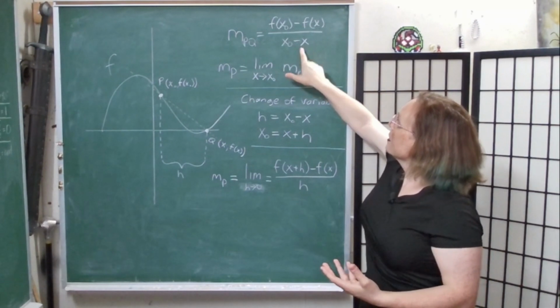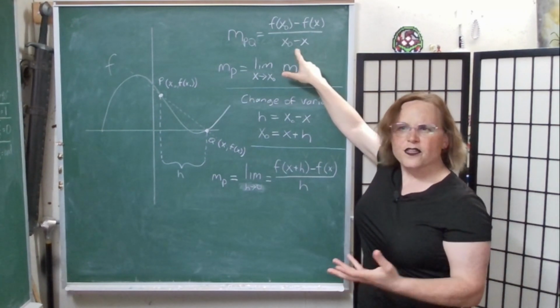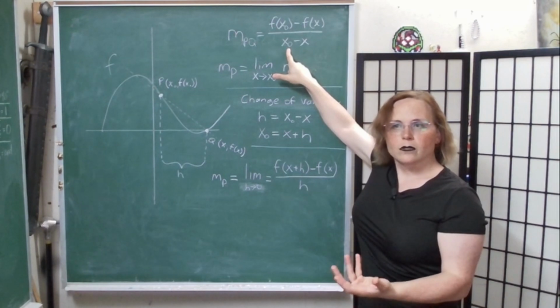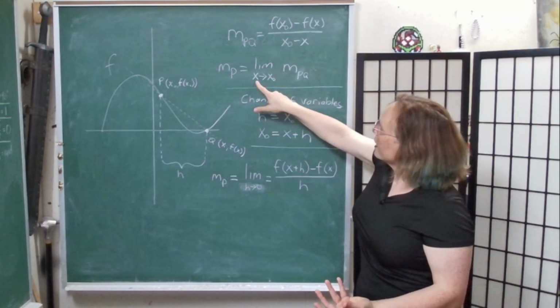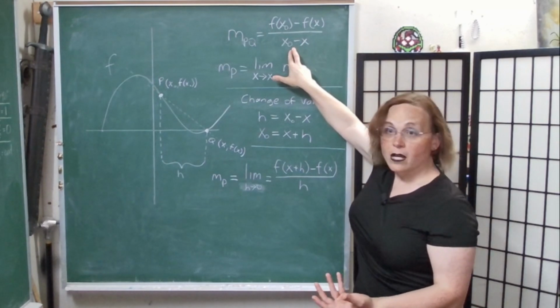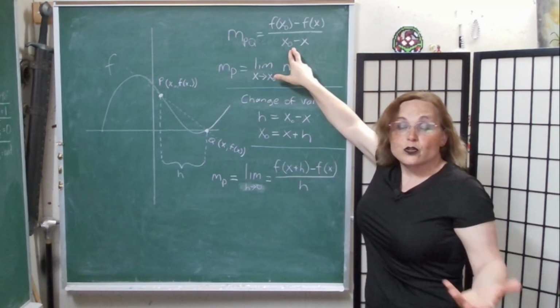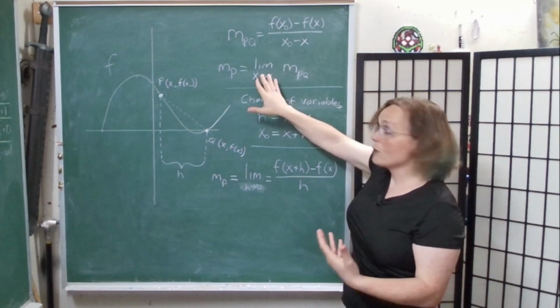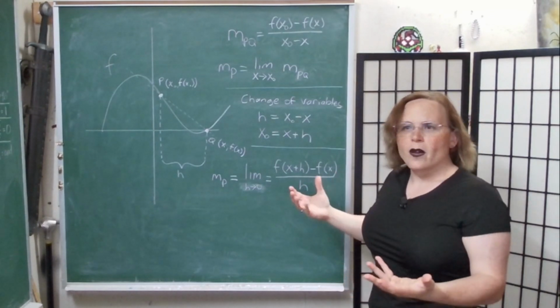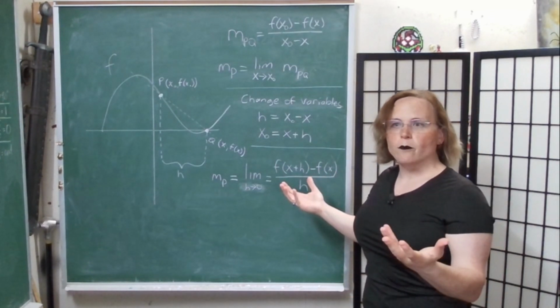And it's that this denominator, the thing that was giving us the problem, is that it always goes to 0, right? So as x approaches x naught, this always becomes 0. And that was why we couldn't do it algebraically. That's why we had to create the limit. So let's just go ahead and work with it that way.